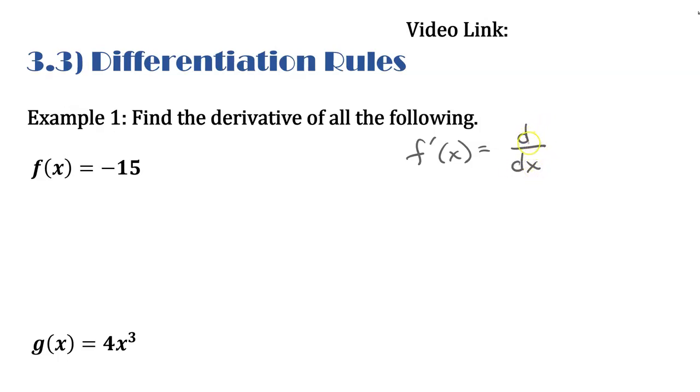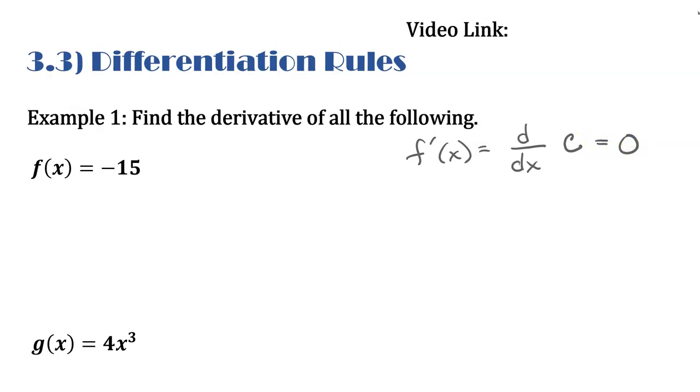So the first derivative, in fact, with respect to x, and we'll get to more complicated things later. When you are dealing with a constant function, just constant c, just like this negative 15 here, the derivative is going to be 0 every time.